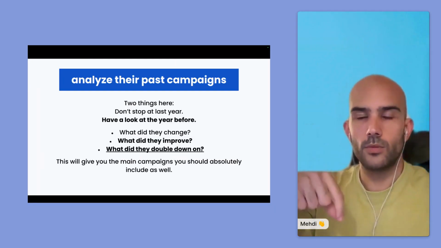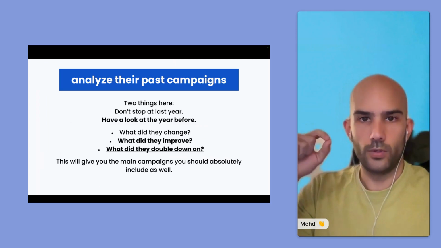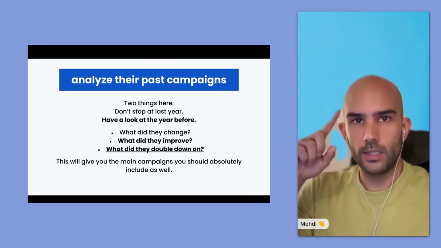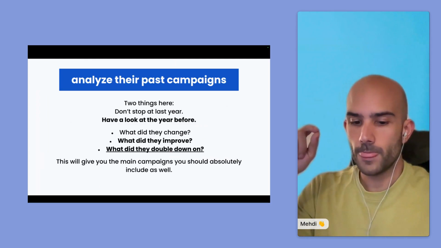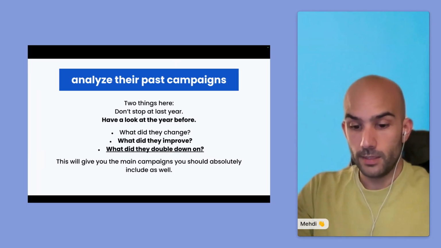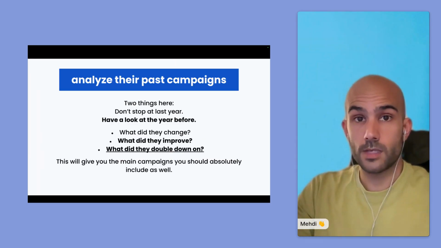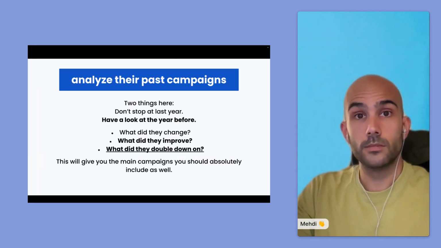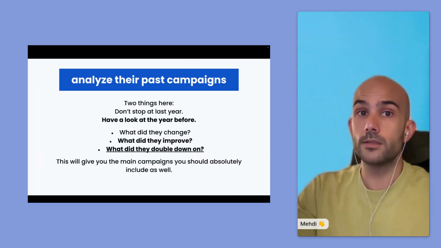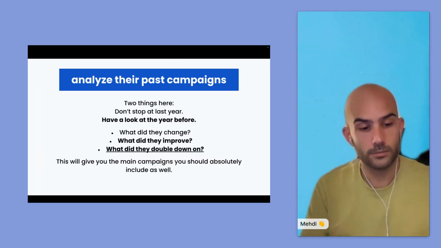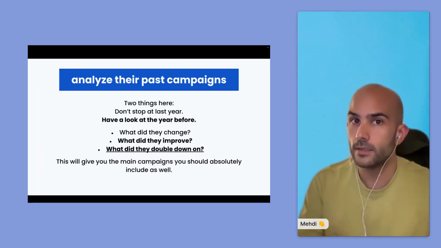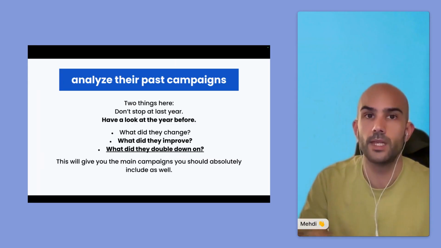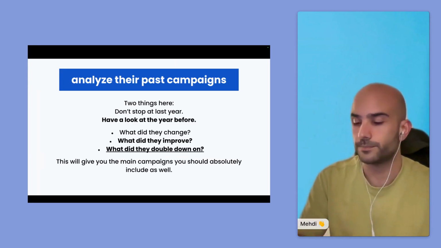This will give you tons of learnings, and it will let you anticipate right away what your competitors are going to do this year and in the next 3 months. If they've done something consistently for the year before last year, there's a high chance they're going to do the same thing this year as well.